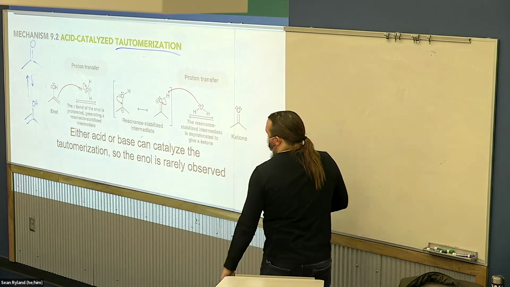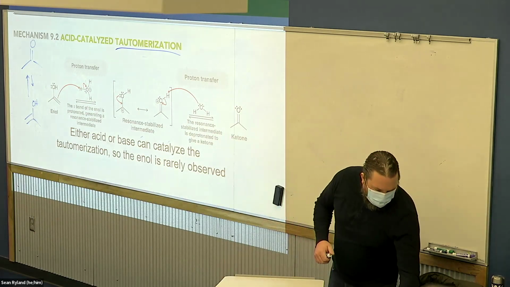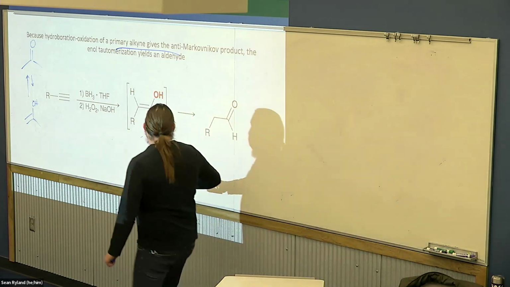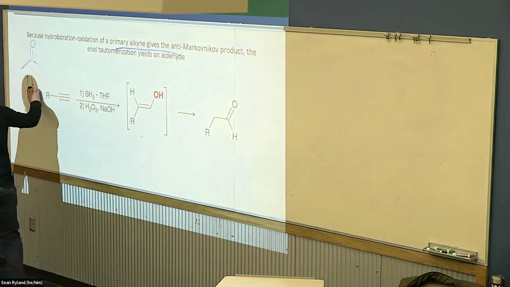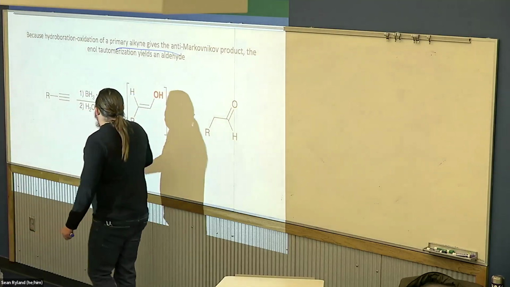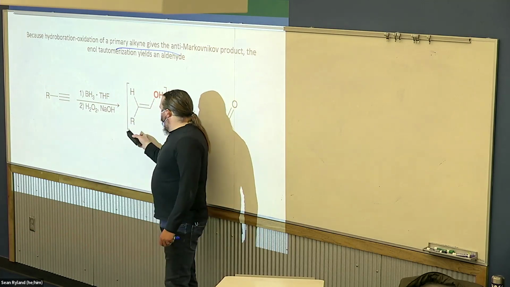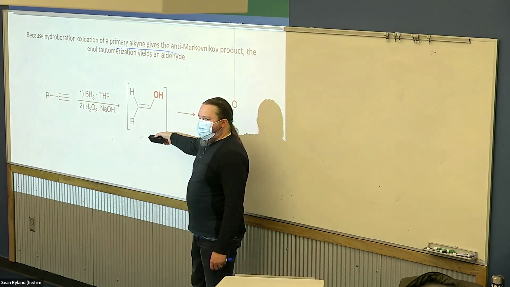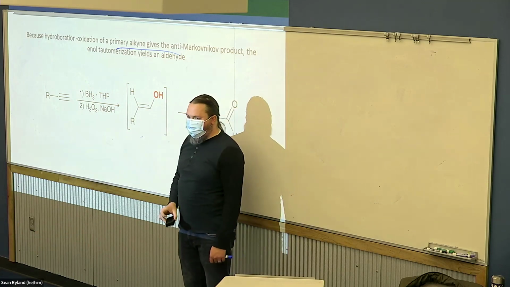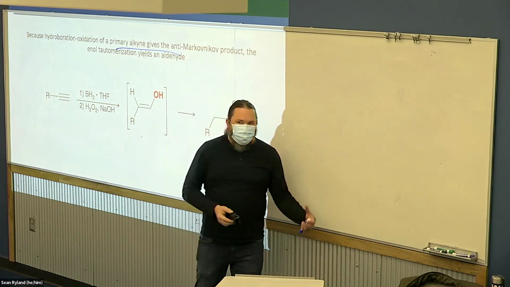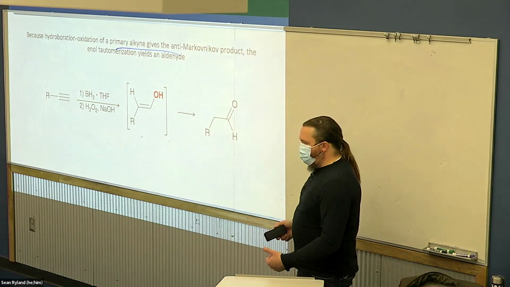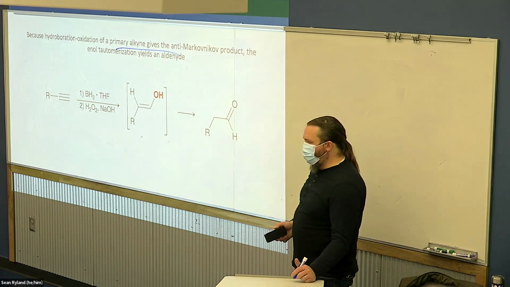All right, so the whole point of going through that is our net result of hydration. Oh, we did use hydration. I thought we put that one out. So hydroboration does the same thing. We make the anti-Markovnikov enol, and then it rearranges to make the carbonyl. So our net result of hydration of an alkyne is going to be a carbonyl, not an alcohol.